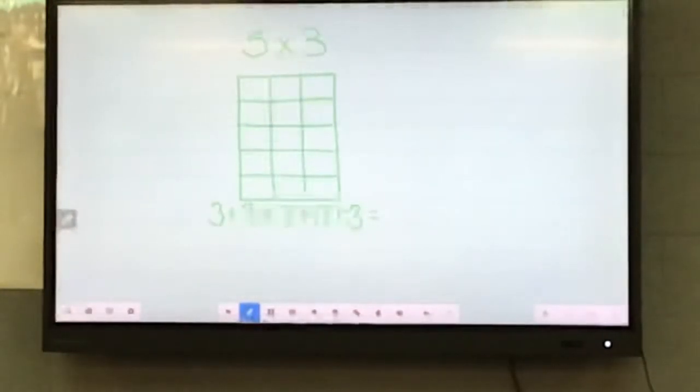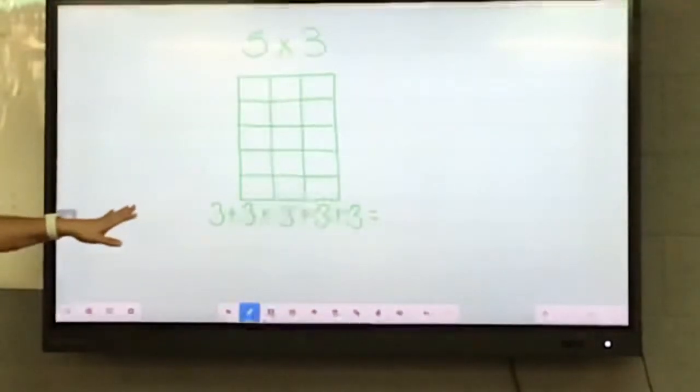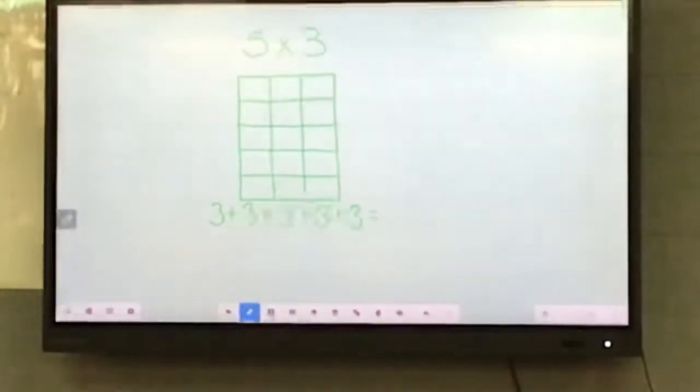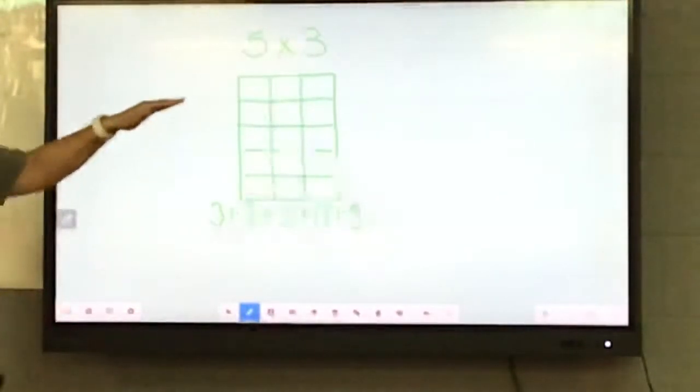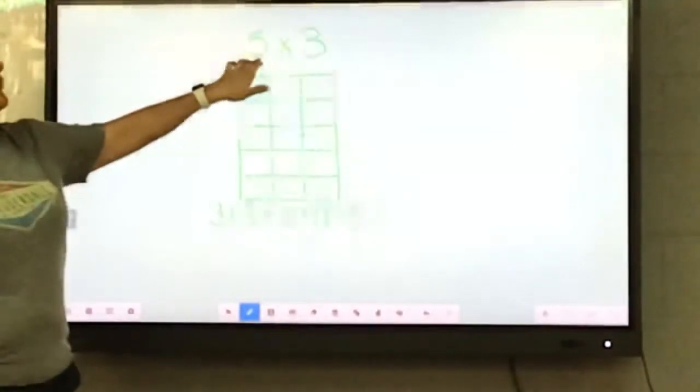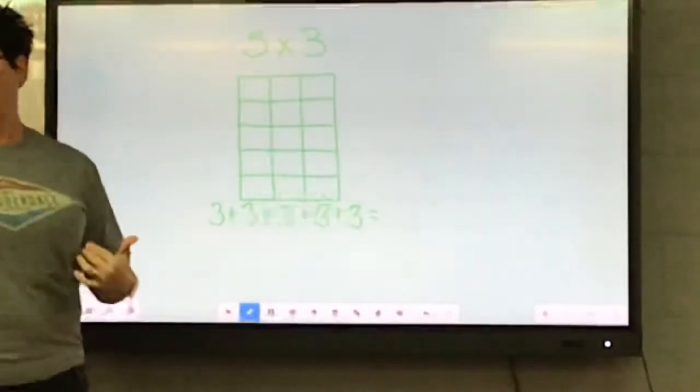What is the sum of this repeated addition? You did the wrong array. It needs to be like this because it's 5 times 3. So this means we have 5 rows of 3.